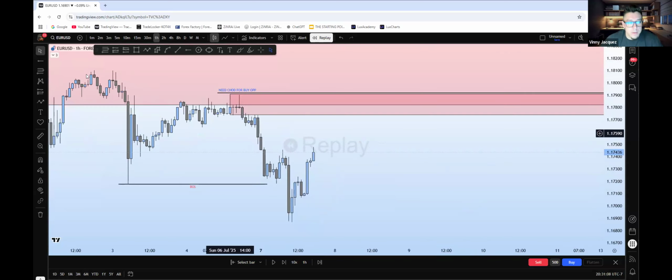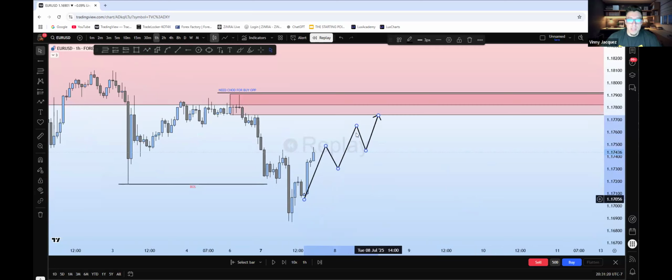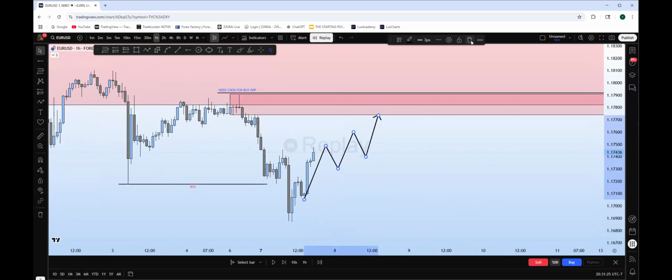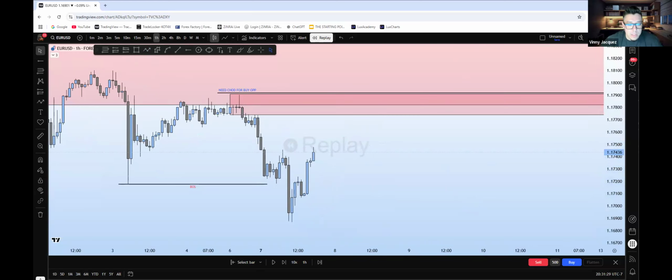But now look, this is the thing. As the market is going to my sell zone, what should I be doing, guys? What should I be doing as the market is going up to my sell zone? Marking up, adjusting BOS, change of direction. Yes. So let's go ahead.